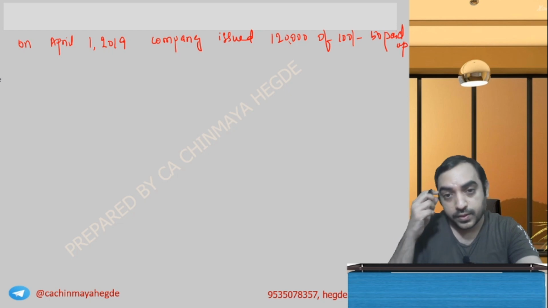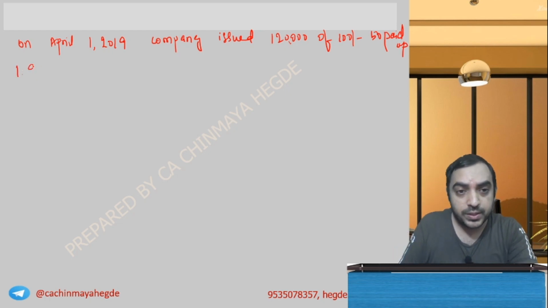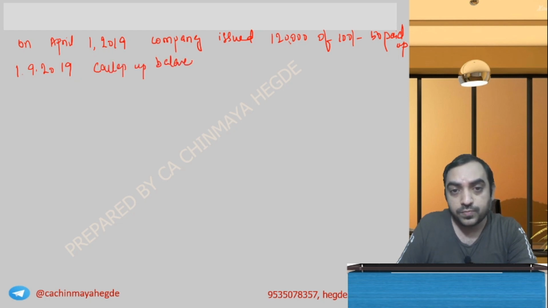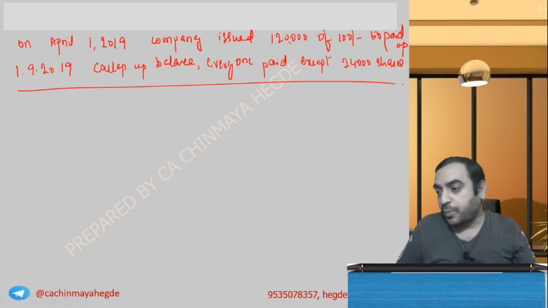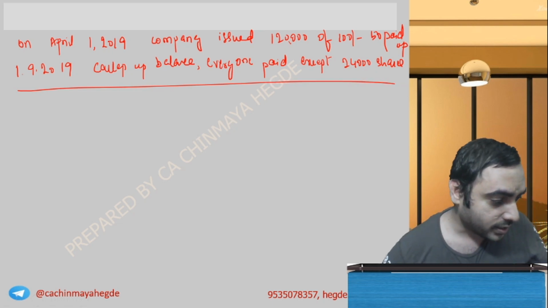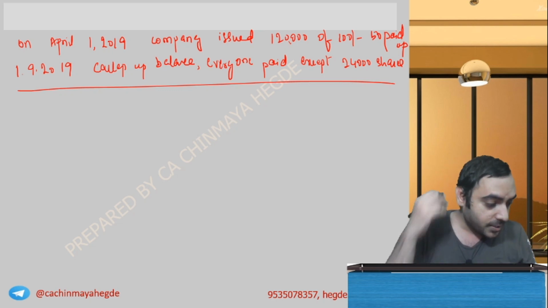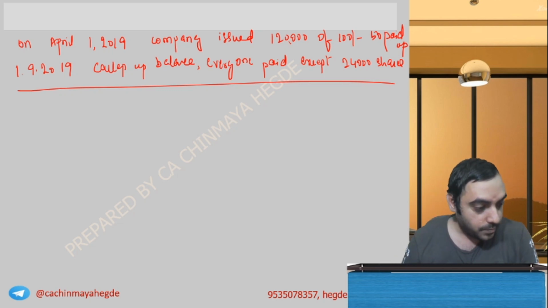And on 1st of September 2019, they called up the balance and everybody paid, except 24,000 shares. So this is one partly paid up and issued during the year. Both are there. So how do we calculate in this case?